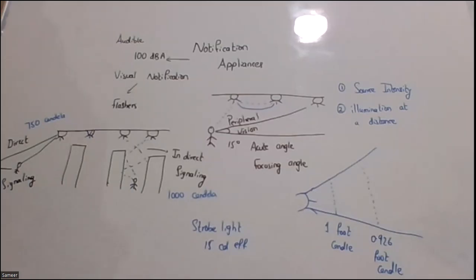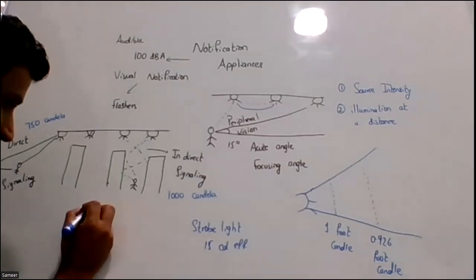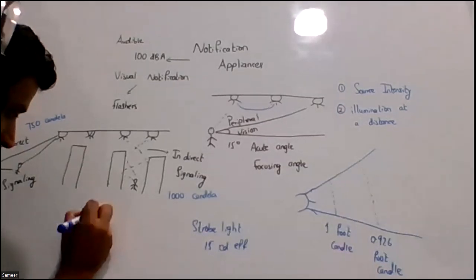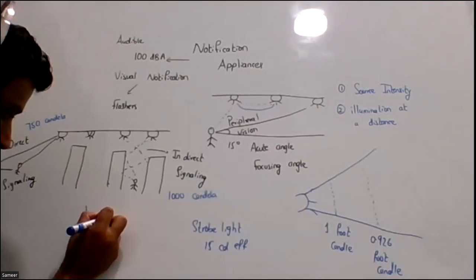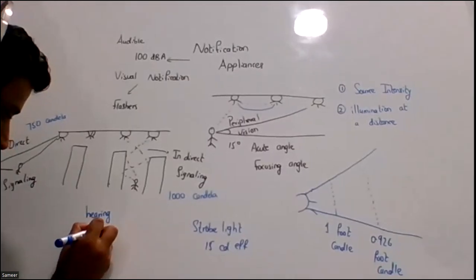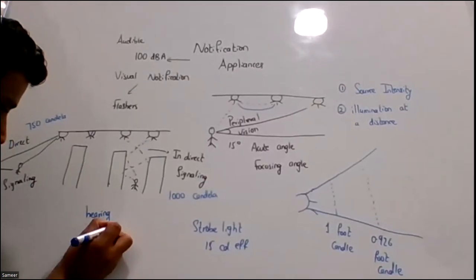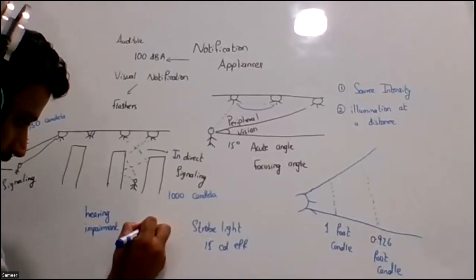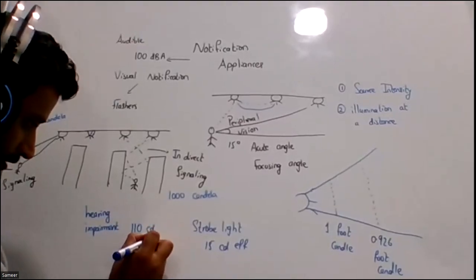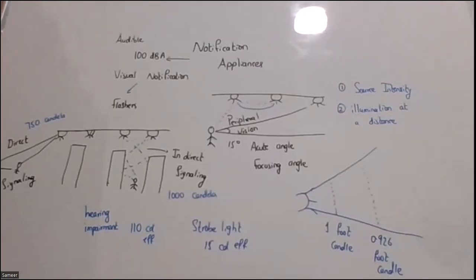So for hearing impaired areas, the intensity of the strobe light is 110 candela effective. The intensity is usually increased.